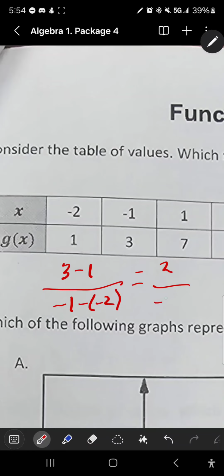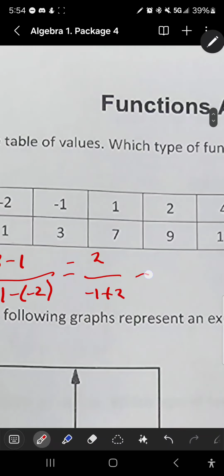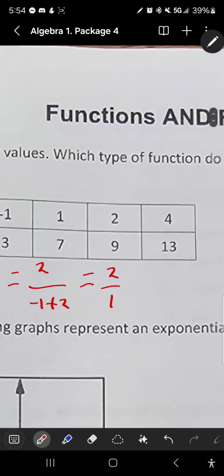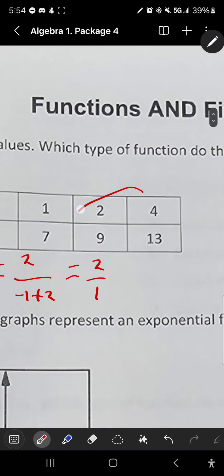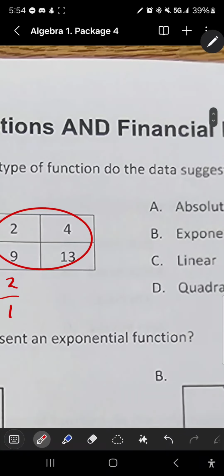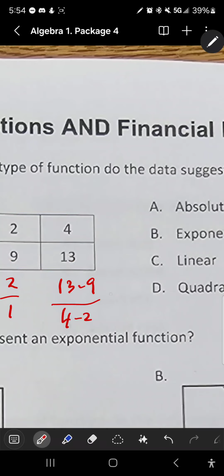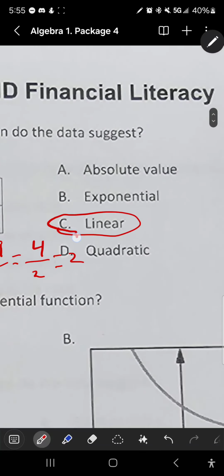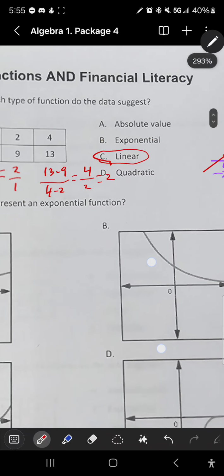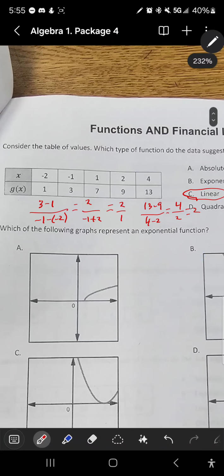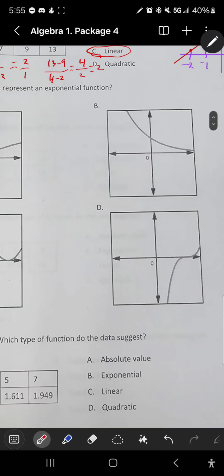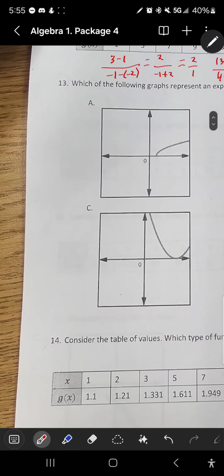And then this becomes -1 plus 2, which is 2 over 1, which is just 2. And then we can do the slope from these points right here. This is 13 minus 9 over 4 minus 2. So 13 minus 9, 4. 4 minus 2, 2. 4 over 2 is equal to 2. And we have the same slope. So it is a linear equation. Now let's see. Which of the following graphs represent an exponential function?